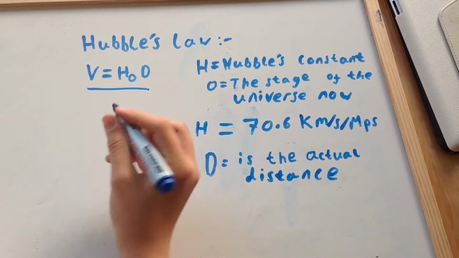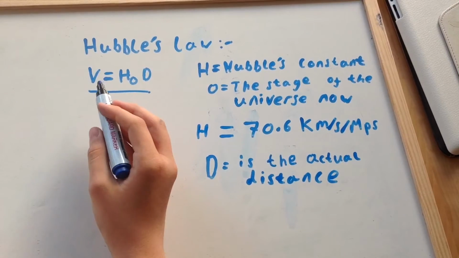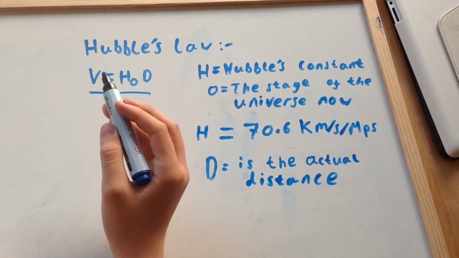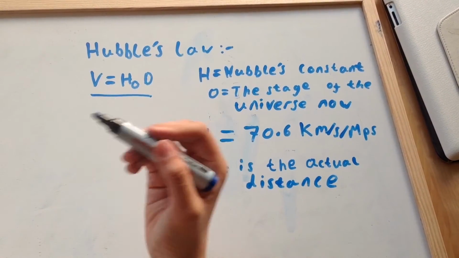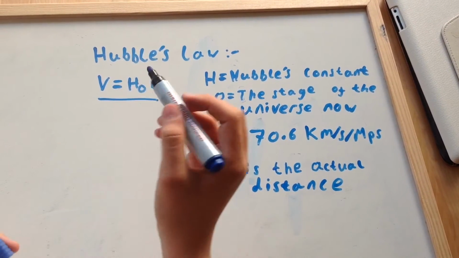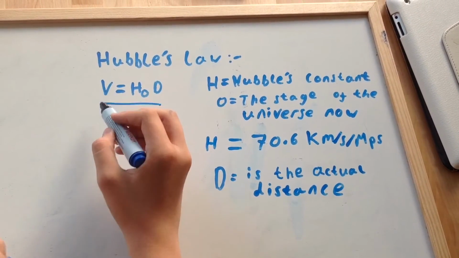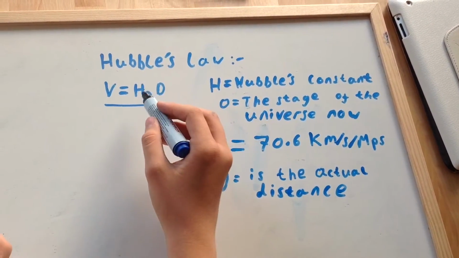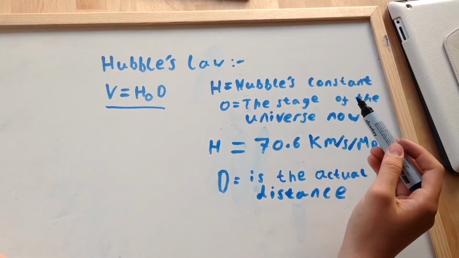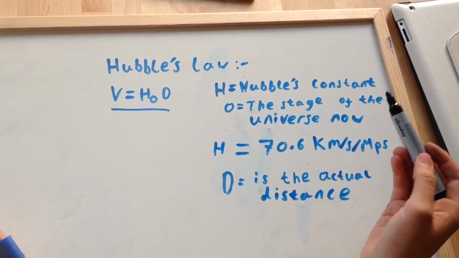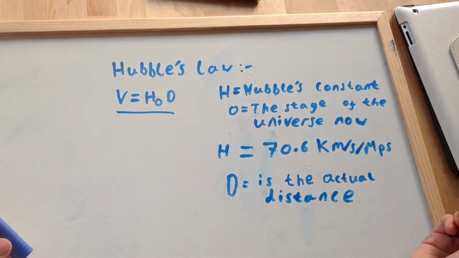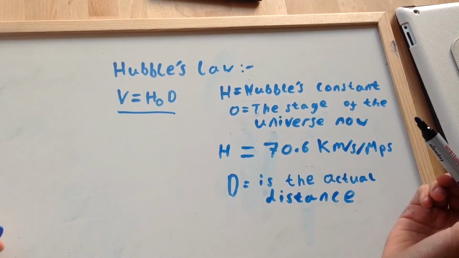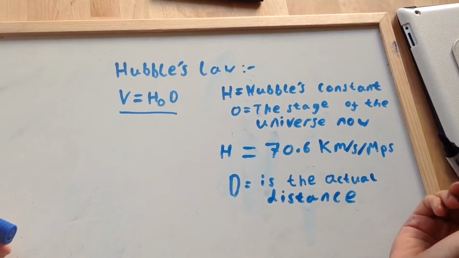This equation shows how fast galaxies or objects in space move away from each other. Now v is obviously velocity. The H is Hubble's constant. Well, Hubble's constant isn't really very constant because it changes quite regularly.